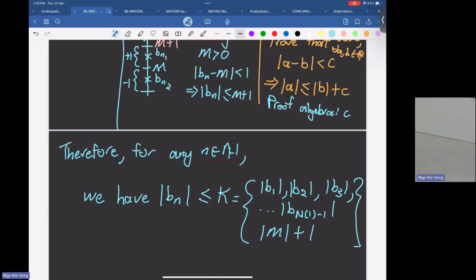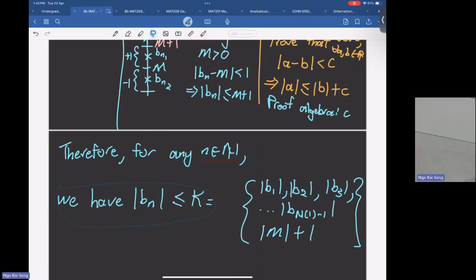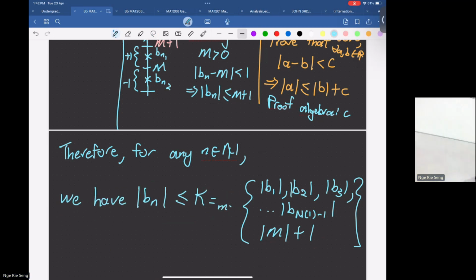Away from the epsilon of 1, you still have all these finite terms to consider, and your sequence is bounded by the maximum of this set. Again, maximum of this set, so let me put max here. Makes sense? Any question?